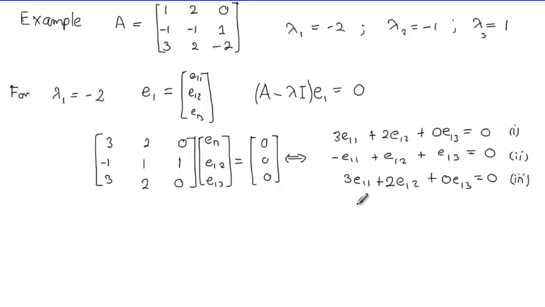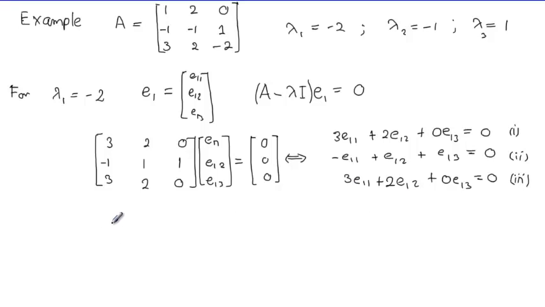Now, normally this being three equations, three unknowns, we can use any methods of solving linear equations we know. But in this case, this one is a simple one. We don't even need to use a method of elimination. We can just look at equation 1 and 3. It's exactly the same equation. So what we're going to do here, we're going to express E11 in terms of E12.